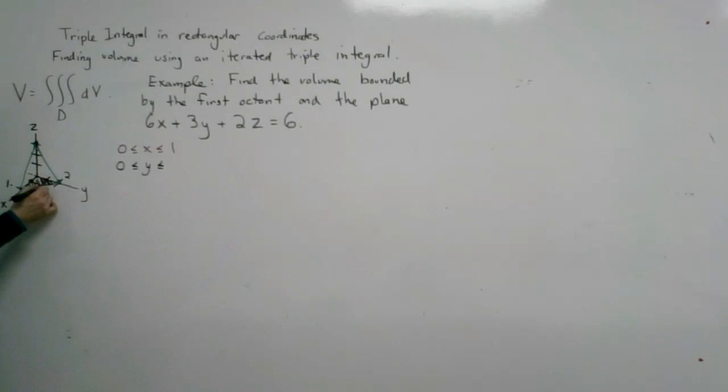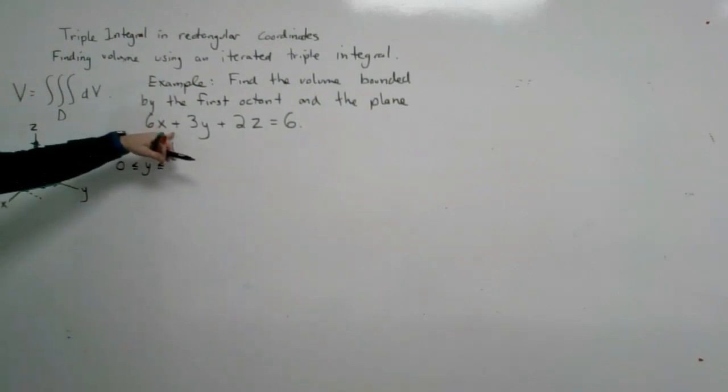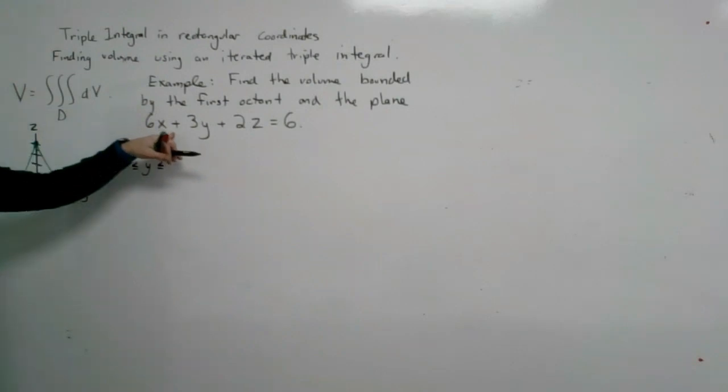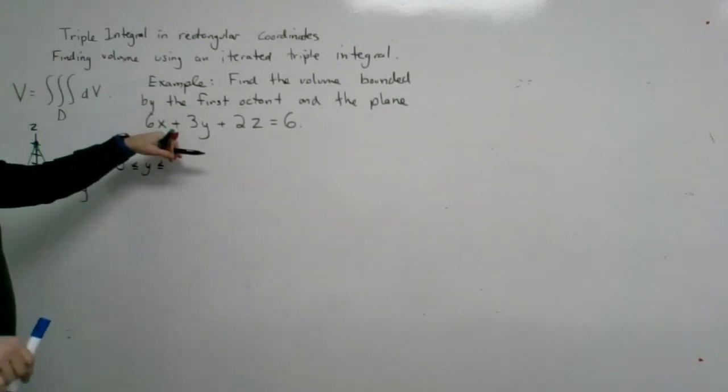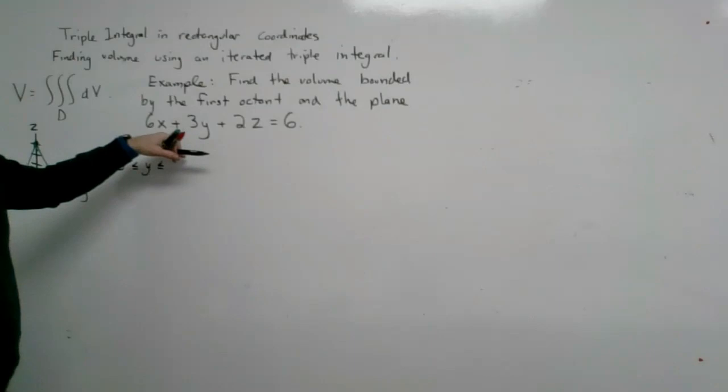Now this point right here is that y, but it's defined on this line right here, which really is the intersection of this plane with the x, y plane. So you can see that the xy plane is when z is equal to 0.